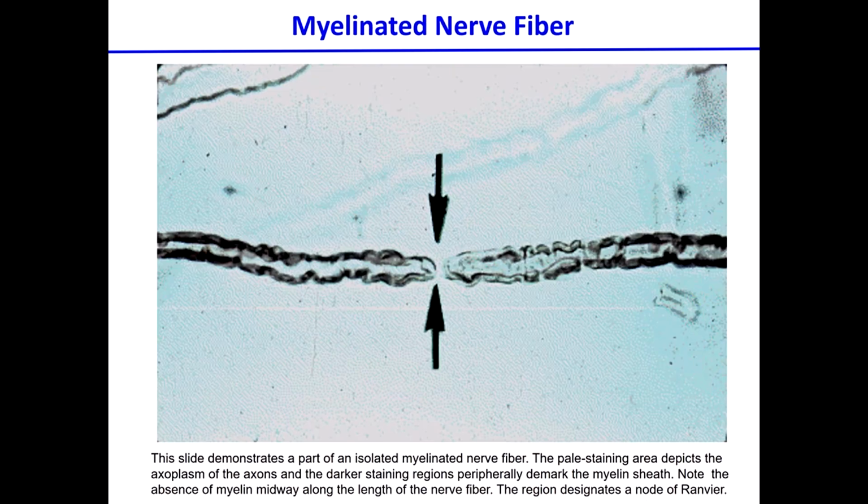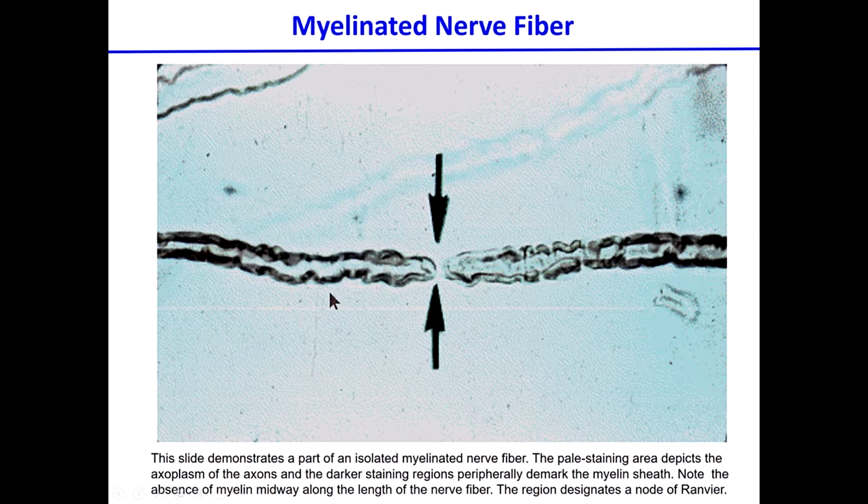All right. This is just one single myelinated axon. And it shows you that the myelin is the dark stained portion on both sides of it. And the inside that looks as pale as the outside, probably because of the staining being directed just to the myelin portion of it, is what would be the axoplasm.